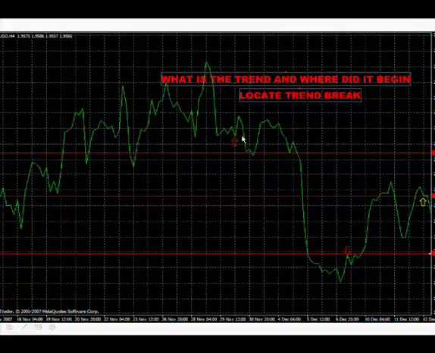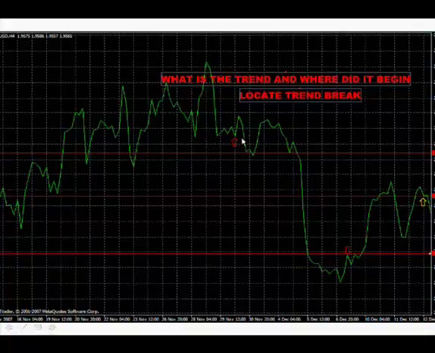But now, once price broke here, because this major high is lower than this major high, and this bottom is lower than this bottom, the very first time a lower high appears, then a lower low appears, you have a trend change.